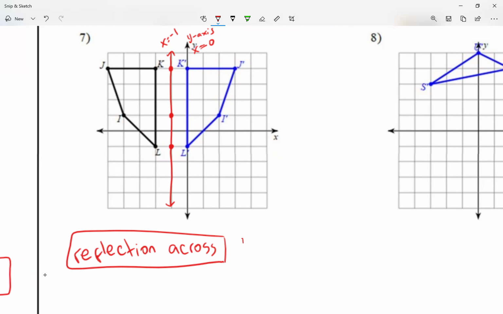And then there's another space. In the space, I want you to type in the equation of the mirror line. In my case, x equals -1. No spaces altogether, no capital X, lowercase. So this is reflection across x equals -1.